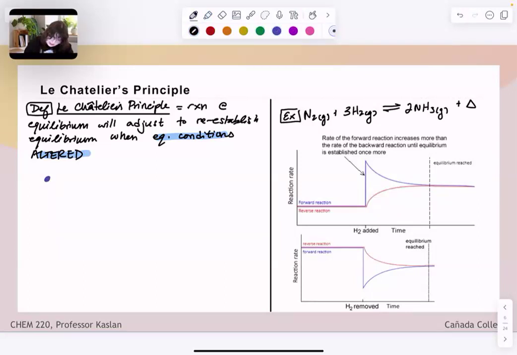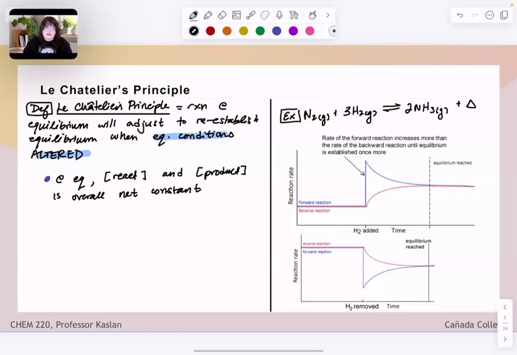So remember, at equilibrium, the concentration of reactant and concentration of product is overall a net constant. They're constantly changing, but the change is not observable, because for every decrease in the concentration of reactant, that then gets reversed in the state of equilibrium, right?